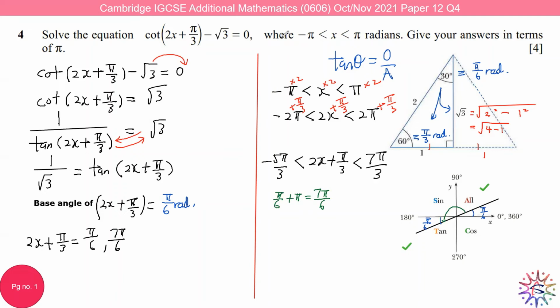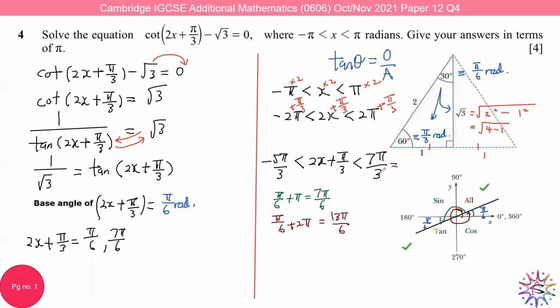And we will check the fifth quadrant, whether it's within the range. So the fifth quadrant means that it will go one cycle and back to the first quadrant. So this angle will be pi over 6 plus 2 pi. And we have 13 pi over 6.